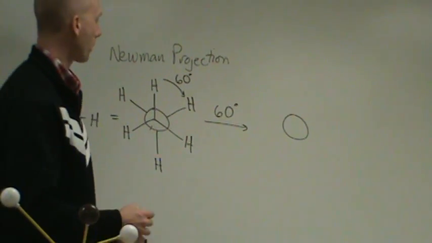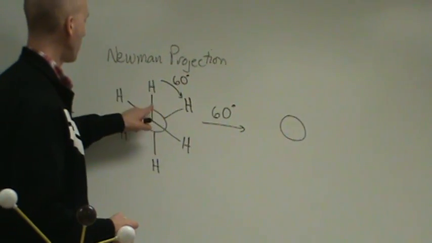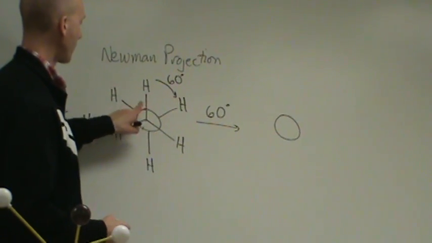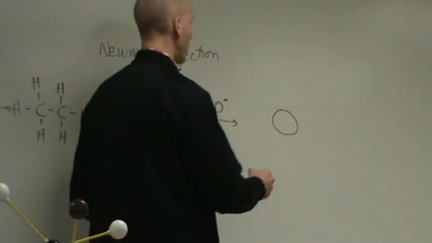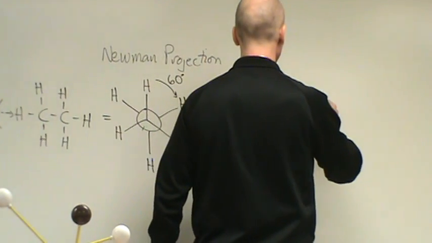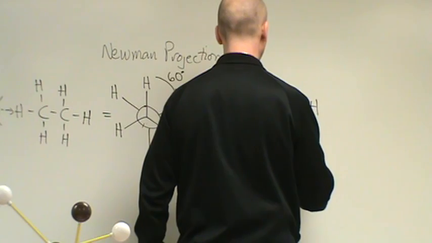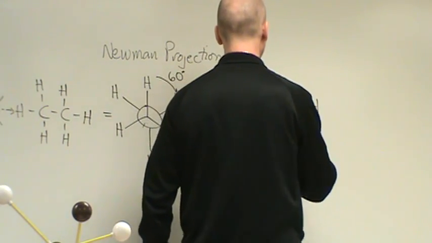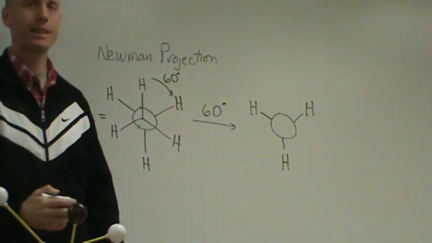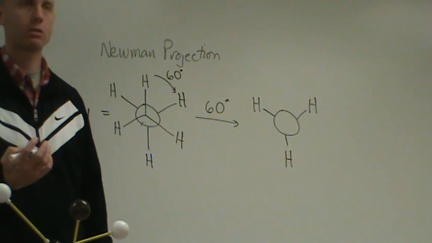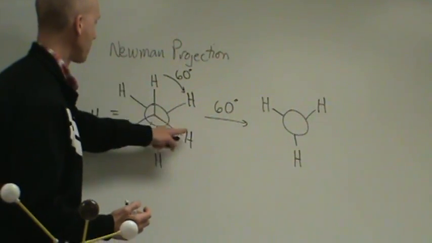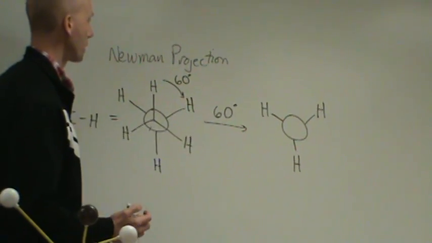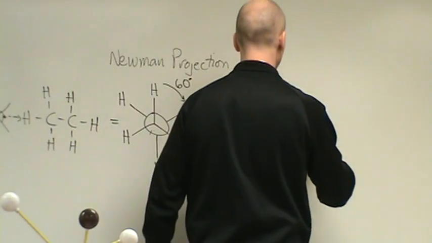You can write down your notes: I'm going to keep the back carbon the same. So all those bonds to hydrogen do not move. So keep the back the same. That's your reference point. But the front hydrogens I am going to rotate 60.